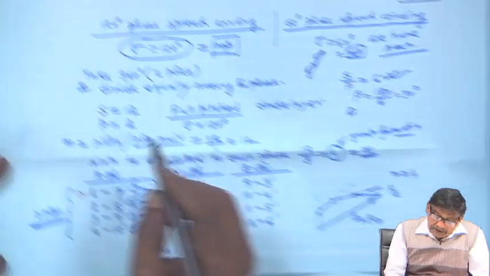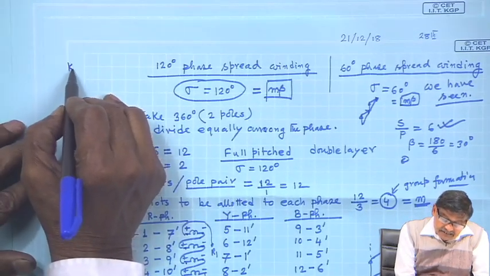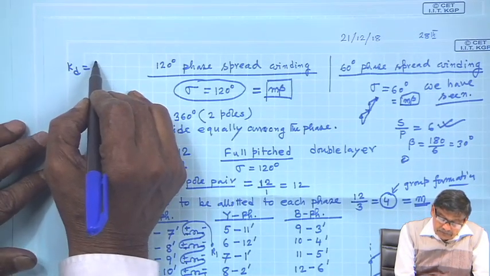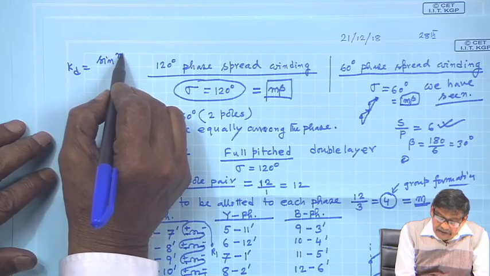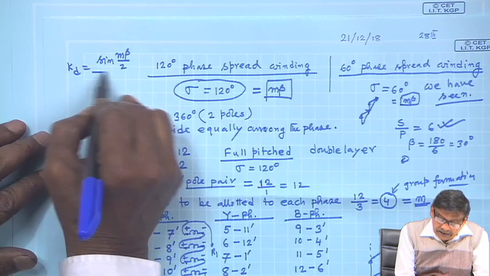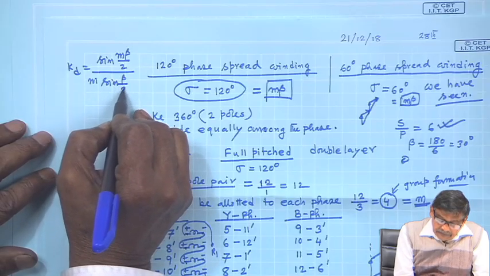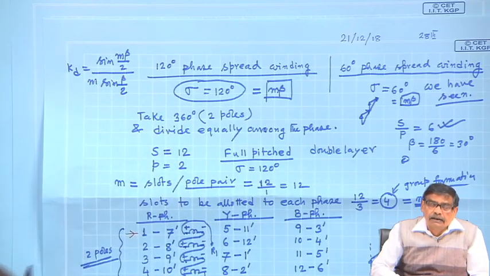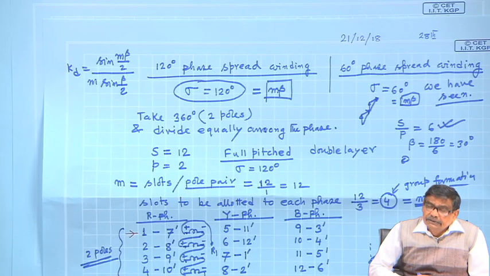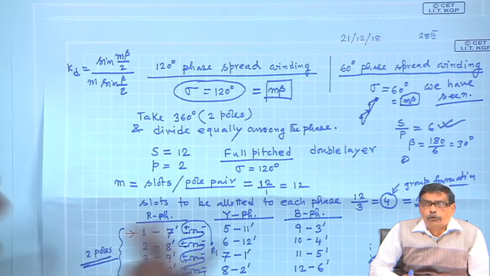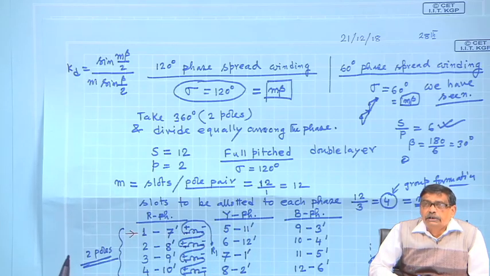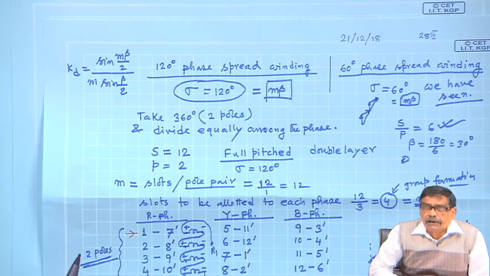But the point I want to say is that K d is equal to sin(m beta/2) divided by m sin(beta/2). This m value is not the number of slots per pole per phase. That is true if it is 60 degree phase spread winding. That number will change if it is a 120 degree phase spread winding.